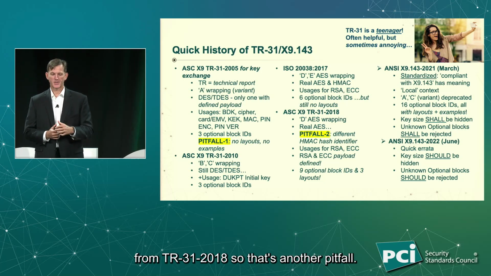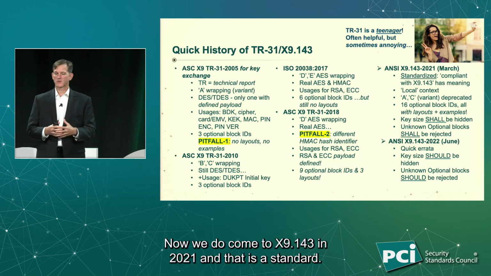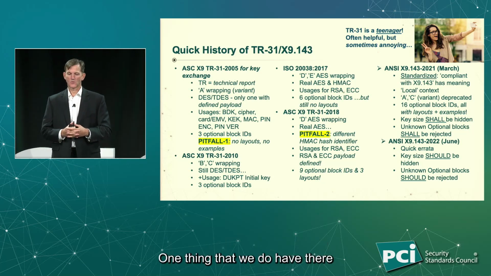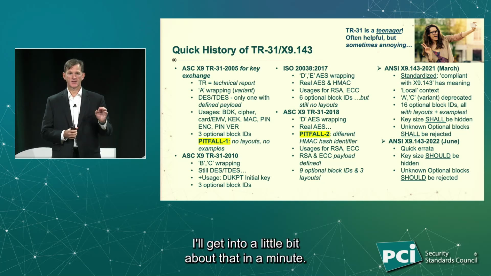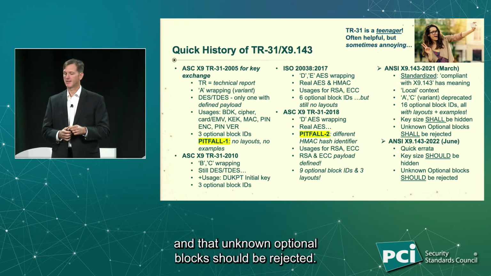So that's another pitfall. Now, we do come to X9.143 in 2021, and that is a standard. One thing that we do have there is a deprecation of the A wrapping method, and I'll get into a little bit about that in a minute. It notes that the key size should be hidden and that unknown optional blocks should be rejected.